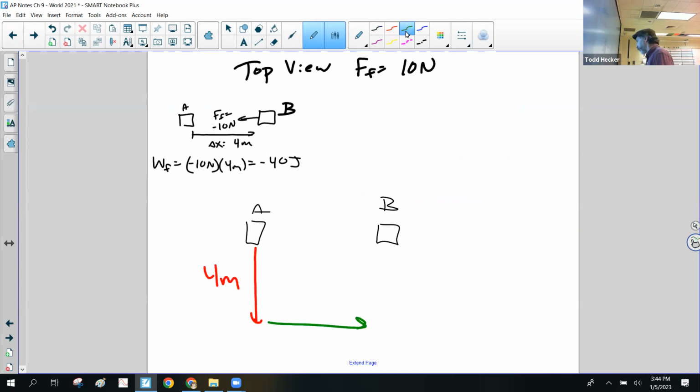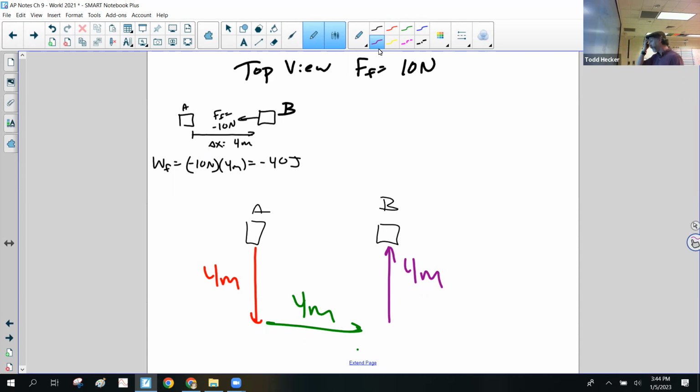Then I go 4 meters this way. You know what? Let's do that one in black again. Well, I guess it doesn't matter. 4 meters this way. And then 4 meters this way. Well, the idea is in this, so this is going to be the same end result, right? We're still going to end up 4 meters to the right of our starting point.